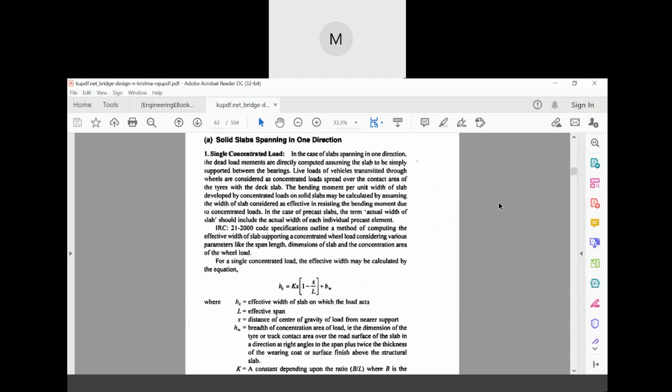It has been made in some other place and it is brought to the site. Okay, that is known as precast slab.